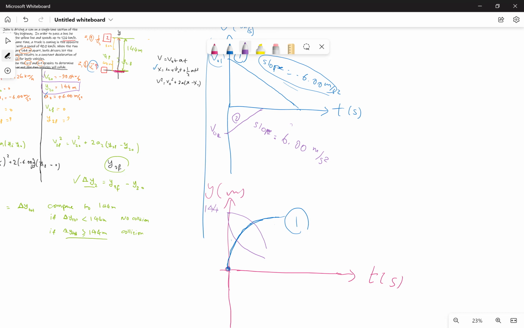is that what you see on the graph? So here the slope is basically negative. Is that in agreement with what you see for velocity time for car two?